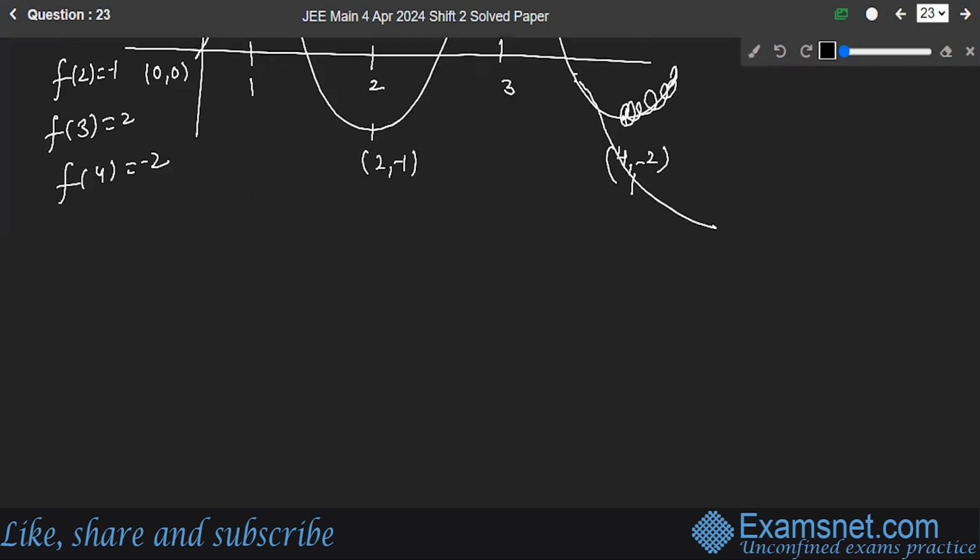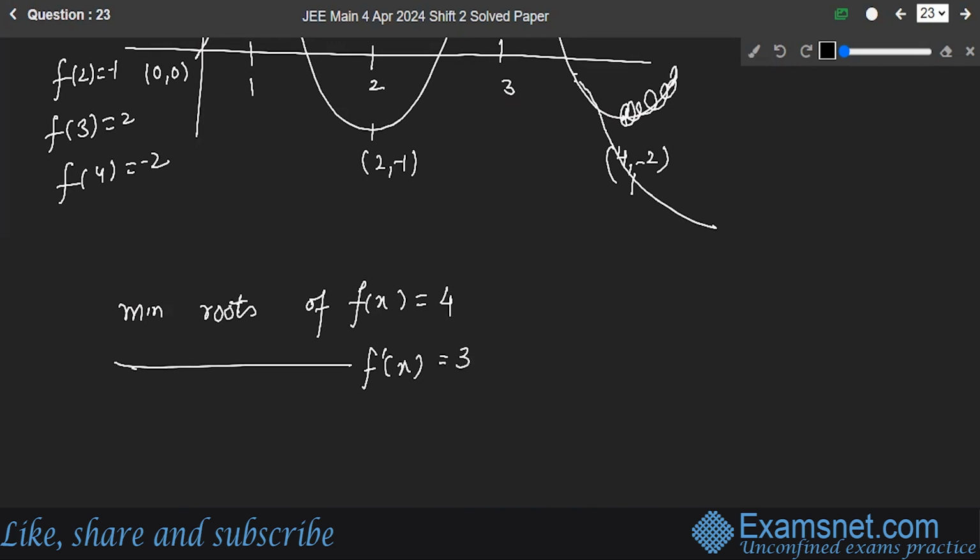So now the minimum roots of f x will be 4, right? And f dash x will have 3 roots minimum. And the second derivative of f x will have 2 roots.